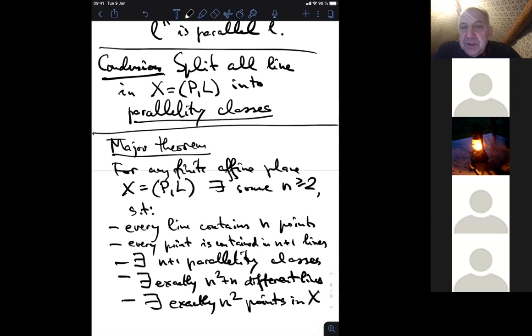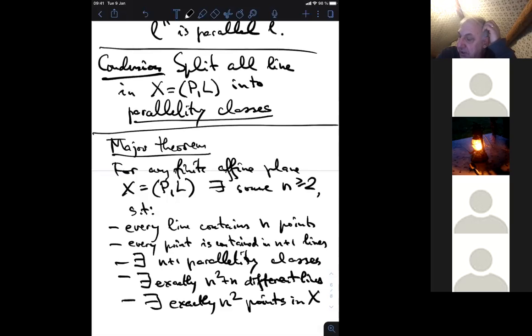So it's a very rigid construction saying every affine plane contains a square number of points. There exists a number n such that it consists of n squared points and n squared plus n different lines. They split into n+1 parallelity classes, and each line has n points.